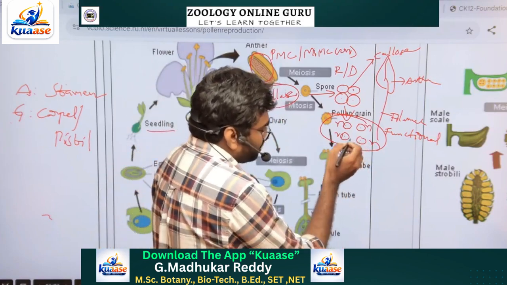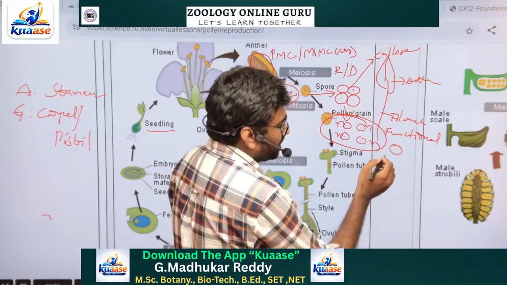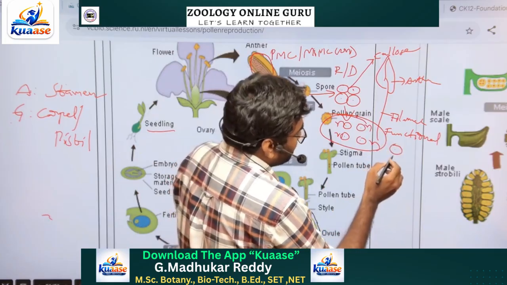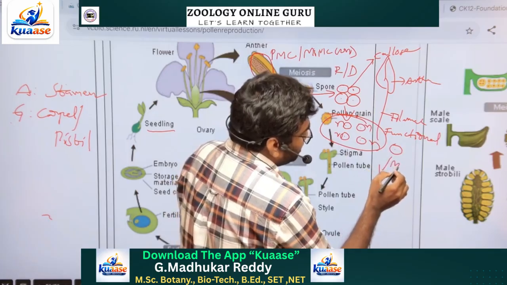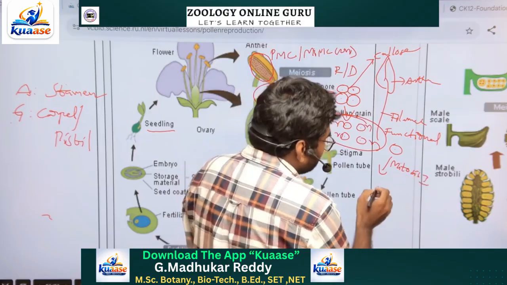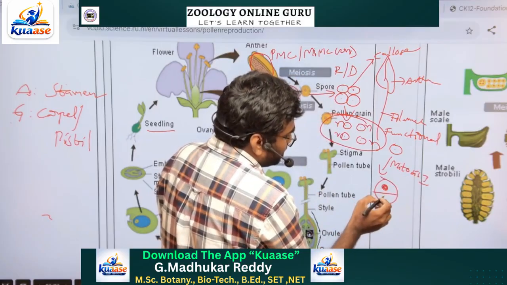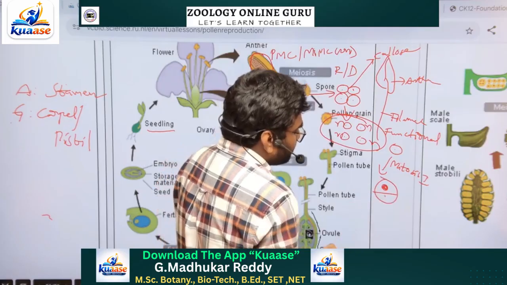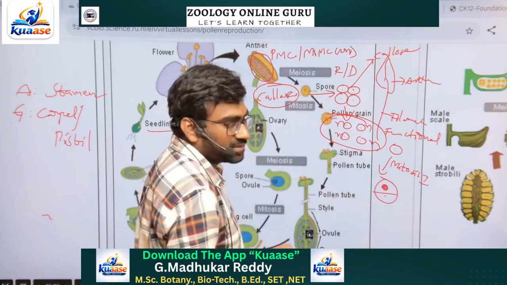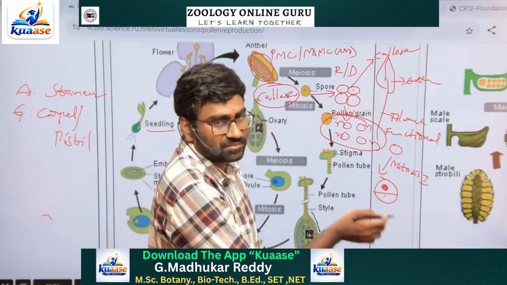Each young microspore, or immature pollen grain, undergoes mitosis 1 division to produce the vegetative cell and generative cell. The vegetative cell is usually bigger and the generative cell is smaller.